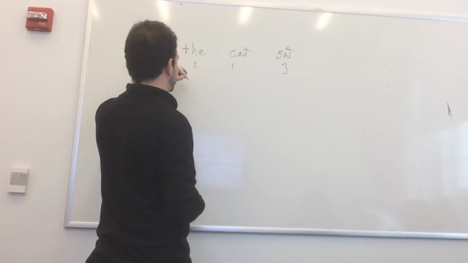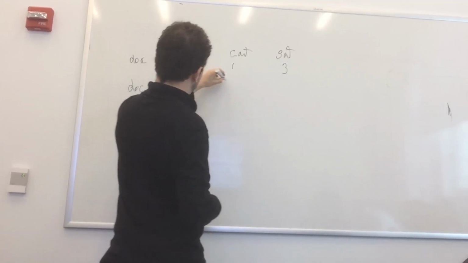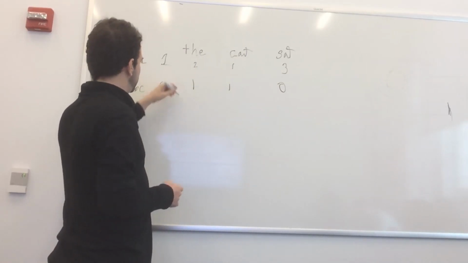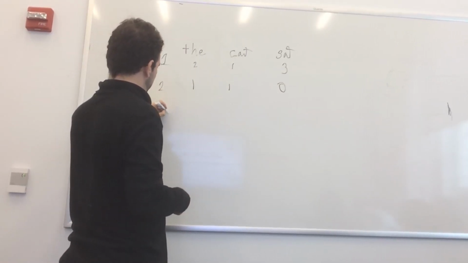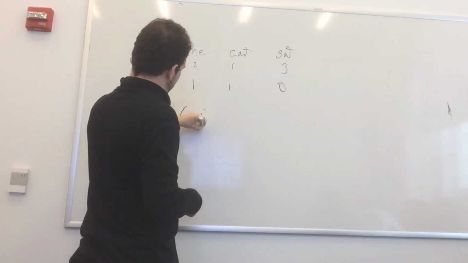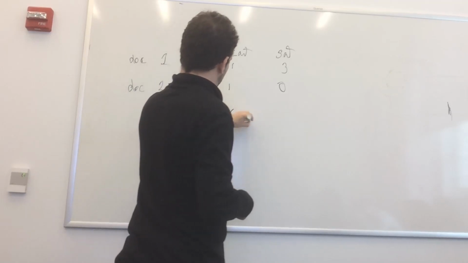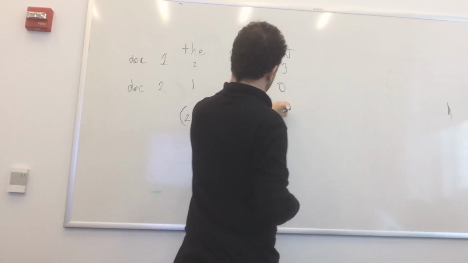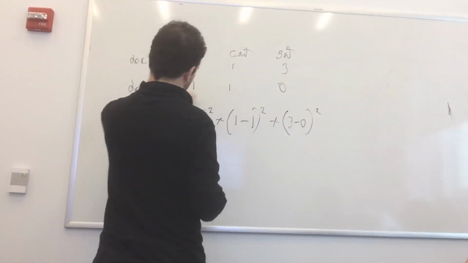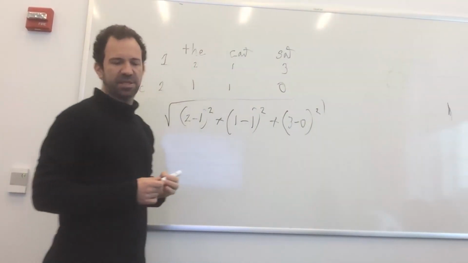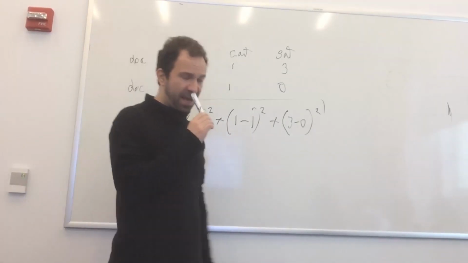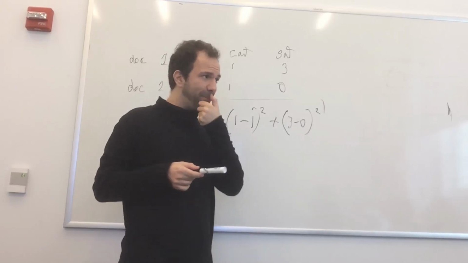There's a lot of cats and mats here. And 1, 1, 0. Then the Euclidean distance between these two documents is I take the sum of squares of the differences, so it's 2 minus 1 squared plus 1 minus 1 squared plus 3 minus 0 squared, and then the square root of all that, right? So that's the Pythagorean theorem. I can do this, it'll work. It has some drawbacks.